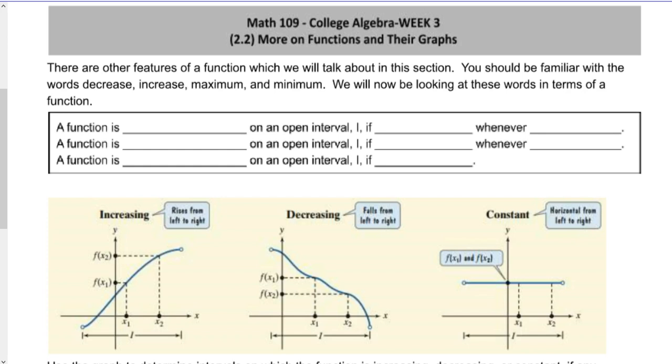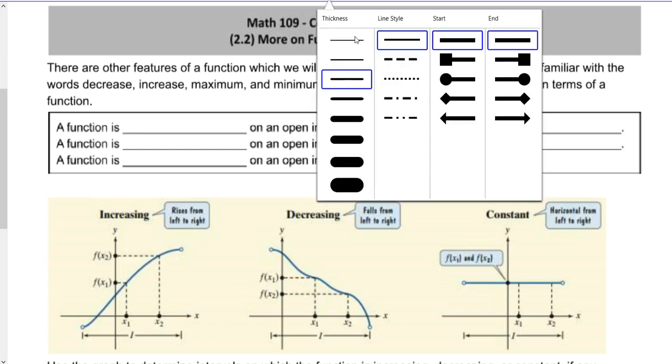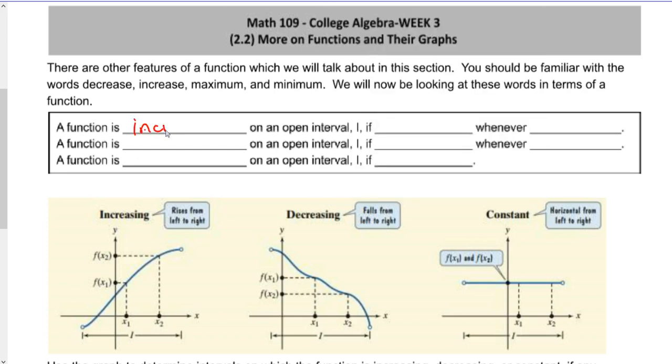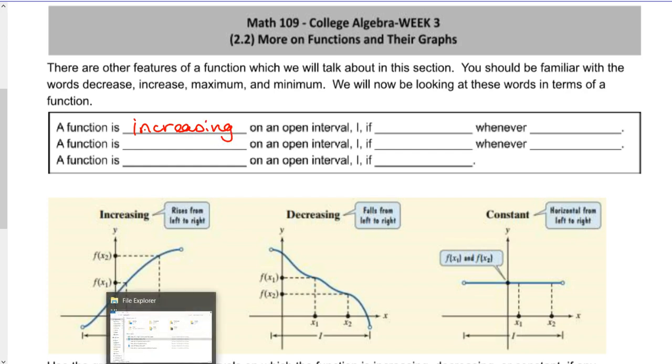There are other features of a function which we will talk about in this section. You should be familiar with the words decrease, increase, maximum, and minimum. We will now be looking at these words in terms of a function. So, a function is increasing, and I'm just going to give you the mathematical version of that, but then we'll talk about it graphically.